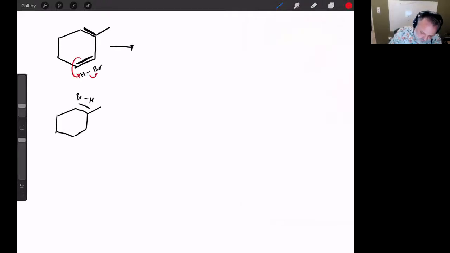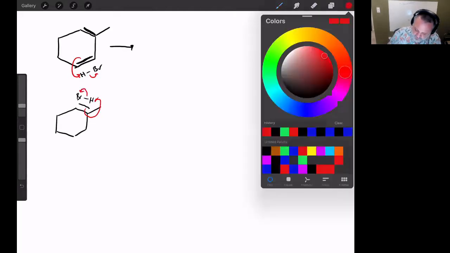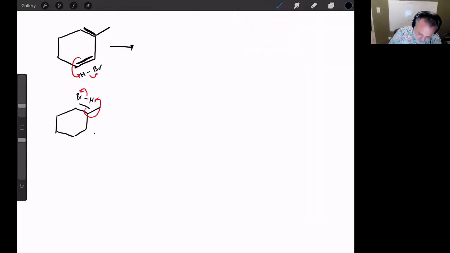Get the same sort of mechanism going on. And we lead ourselves to these carbocations. And I need to draw that guy there.